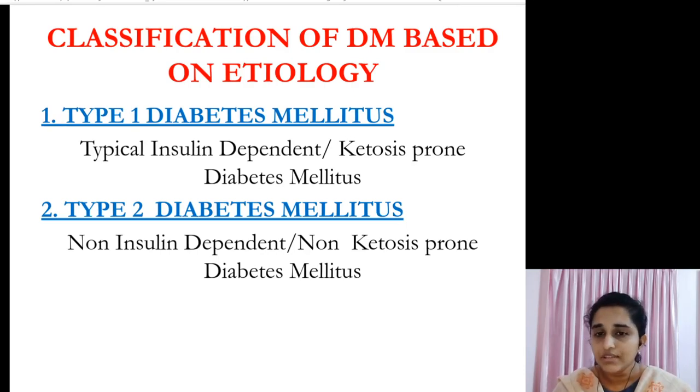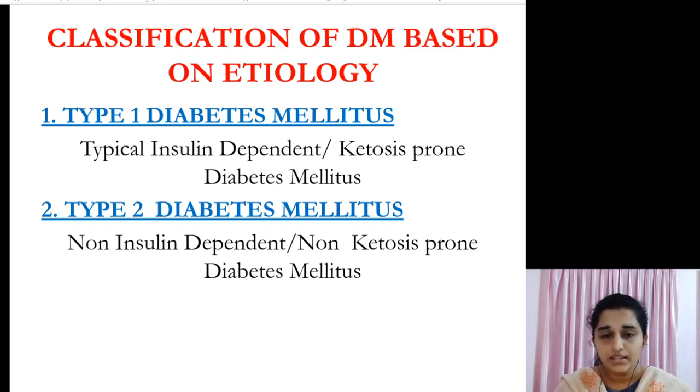According to etiology, diabetes mellitus is classified into two: type 1 diabetes mellitus, or typical insulin dependent and ketosis prone diabetes mellitus. The second type is type 2 diabetes mellitus, that is non-insulin dependent or non-ketosis prone diabetes mellitus.